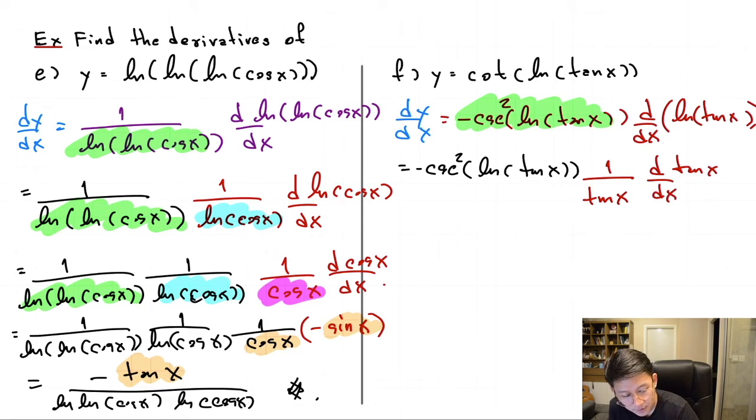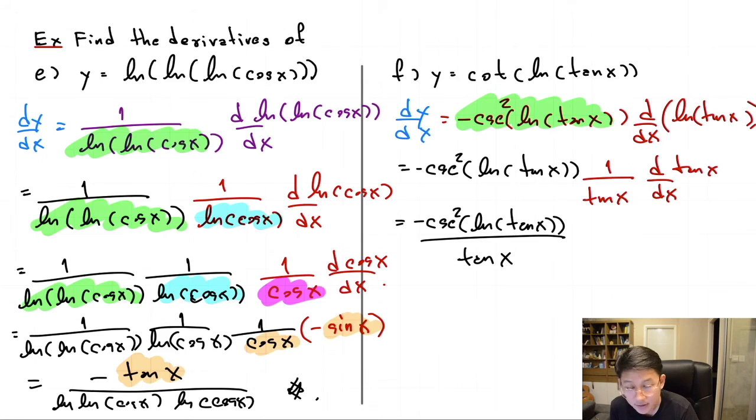So we have minus cosec squared log of tan x divided by tan x, and then the derivative of tan is sec squared. Okay, and that's the answer. Easy, isn't it?